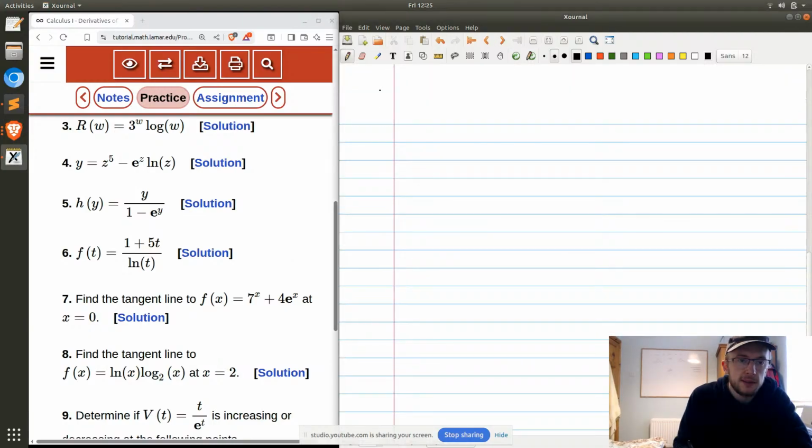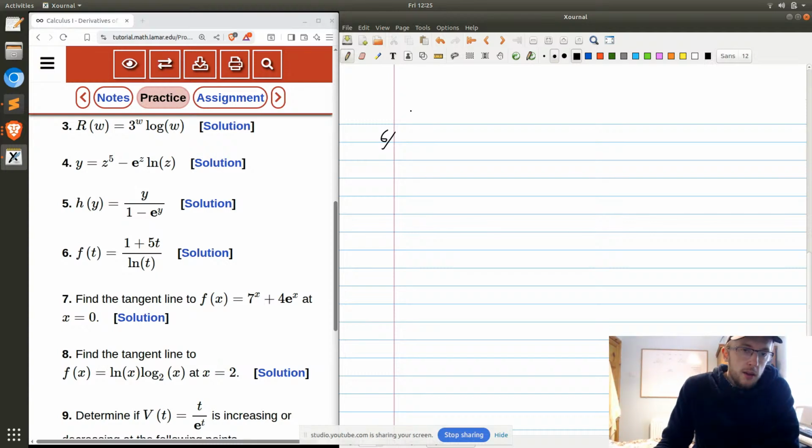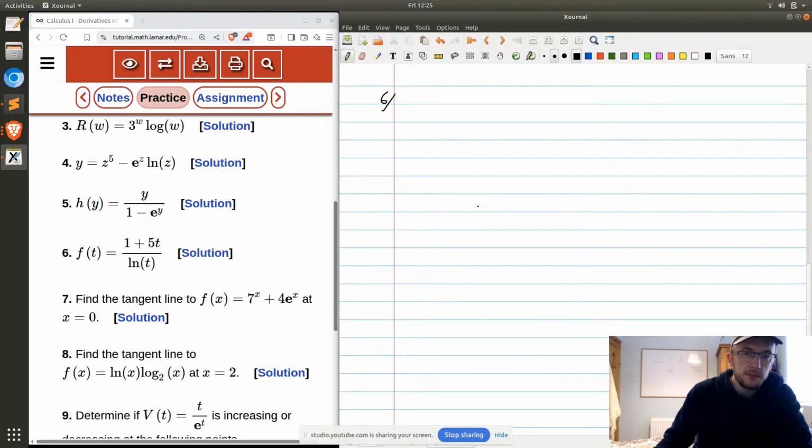Problem 6. F of t is 1 plus 5t all over ln t. So we have another quotient. So we better get to it. f prime g minus f g prime.